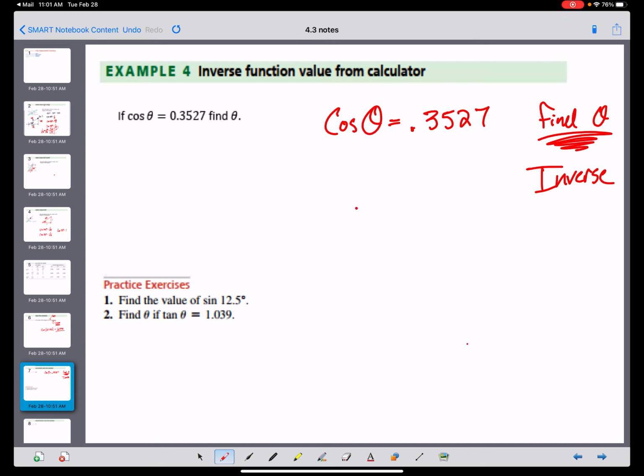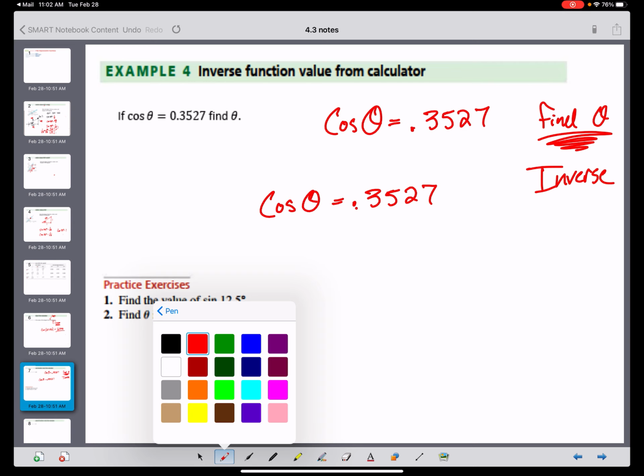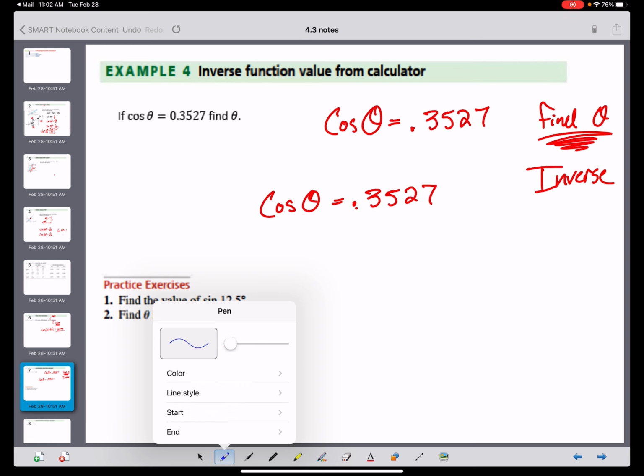So it's kind of like this, right? We have cosine of some angle equals 0.3527. The goal here is to solve for the angle, not for the cosine. I want to solve for the angle. So right now it's locked in with this cosine. To unlock it, I do the opposite.